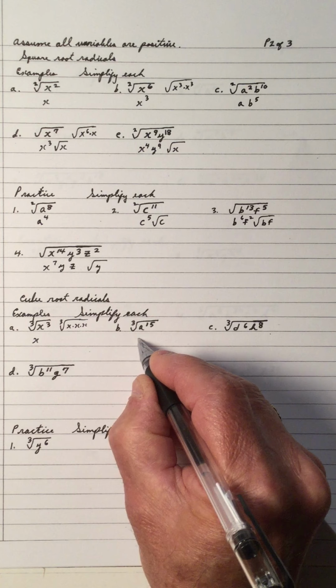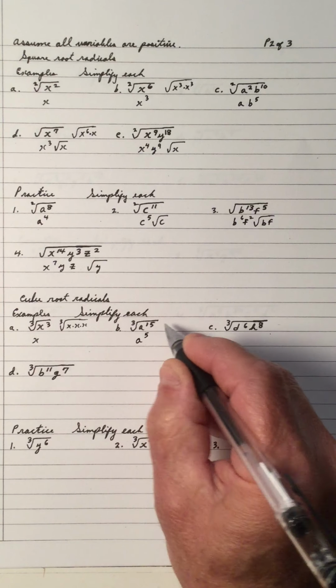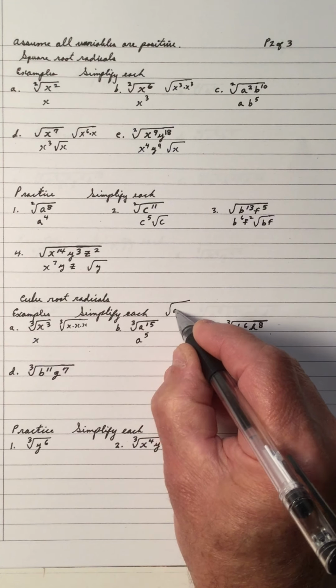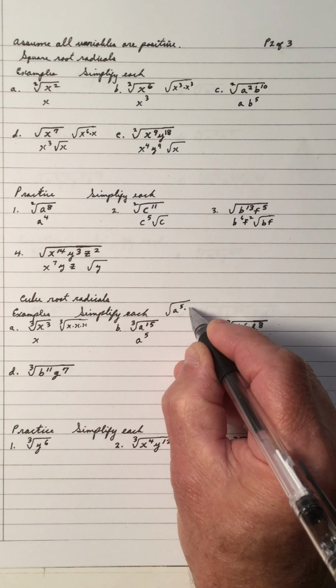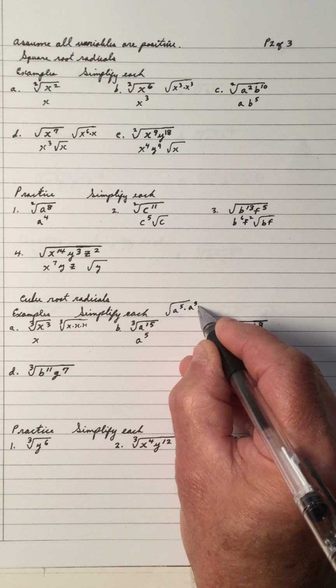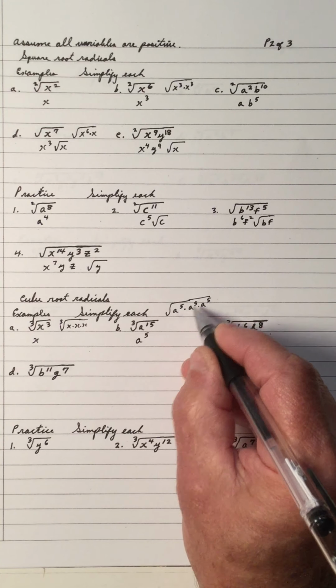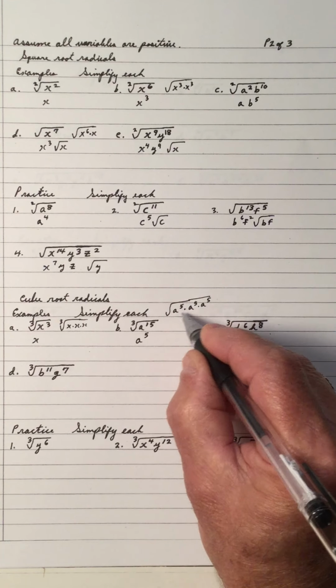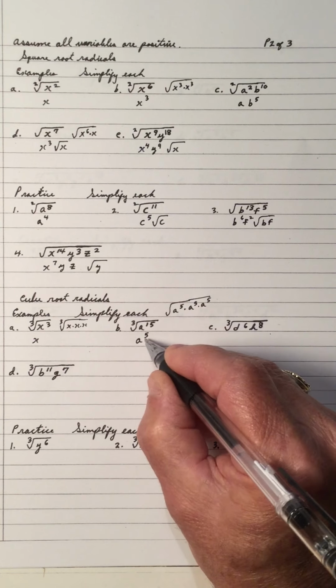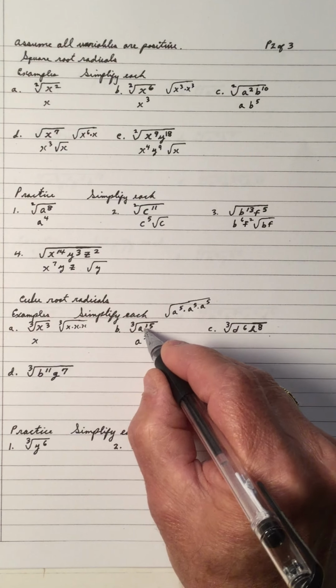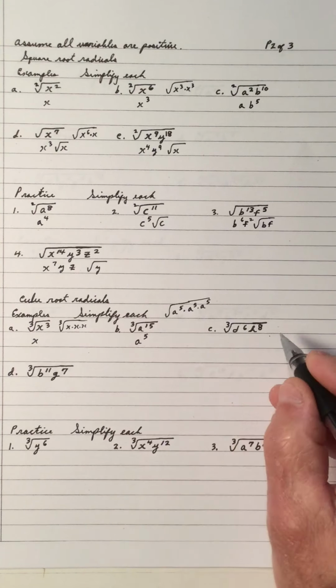So 15 divided by 3 is 5. And again, that's a to the 5 times a to the 5 times a to the 5. When you multiply these, you add your exponents to get 15. But there's 3 of them, so we take 1. Or 15 divided by 3 is 5.